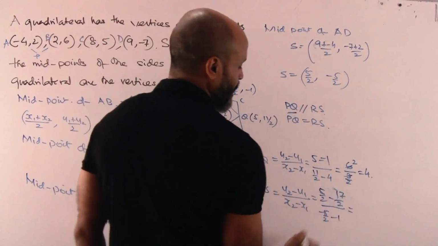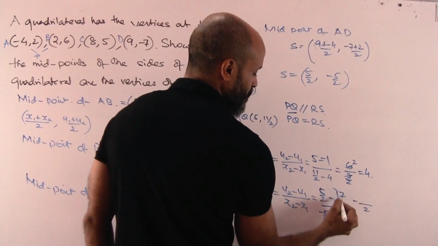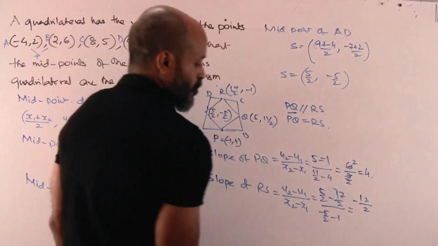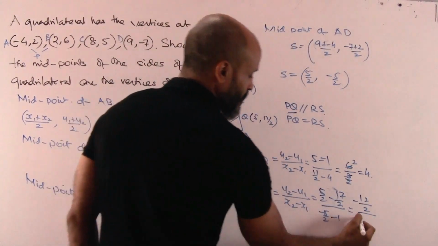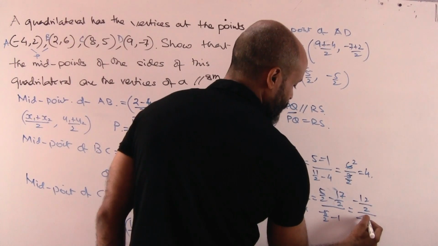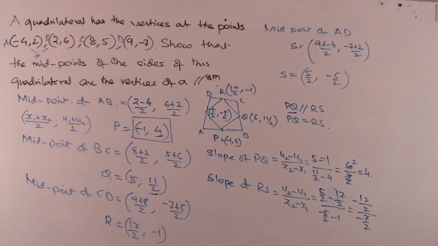So what do we have here? 5 minus 17, that will be minus 12 upon 5 minus 5 minus 2, that will be minus 7 by 2. Slope of RS.